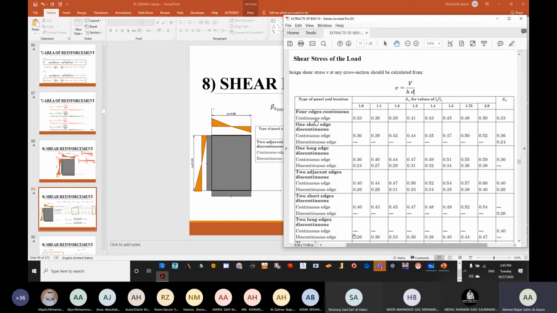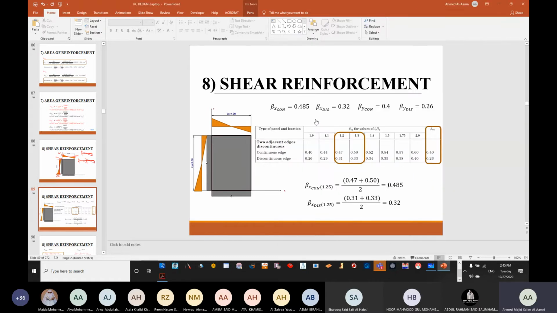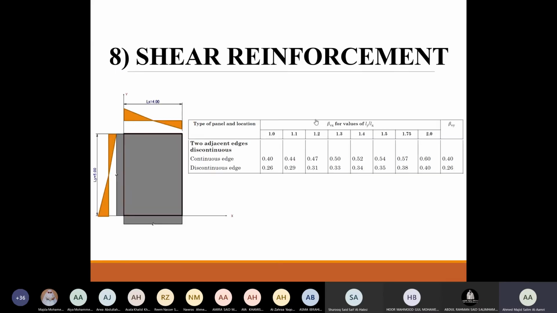Okay, so now if we return back to our presentation, we can see that this is two adjacent edges discontinuous. Once again, one short and one long discontinuous. So it's case number 4. Now we need to see how much the values are. Once again, for y direction, we have 0.4 and 0.26.